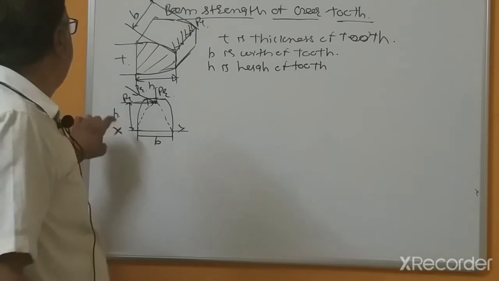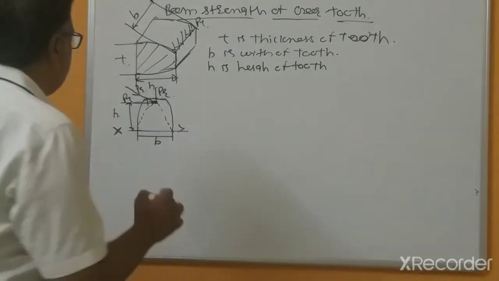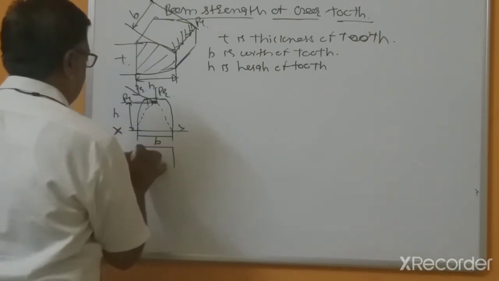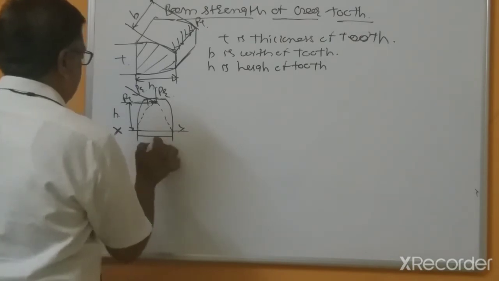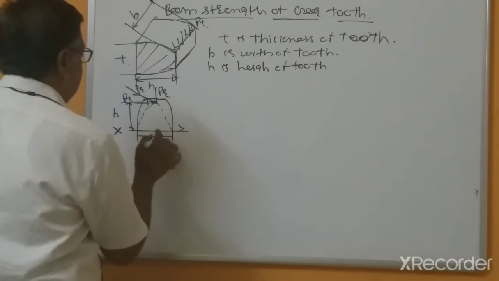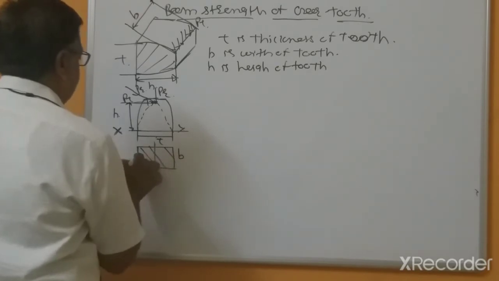So this is PT, and this is T, and B is the face width.